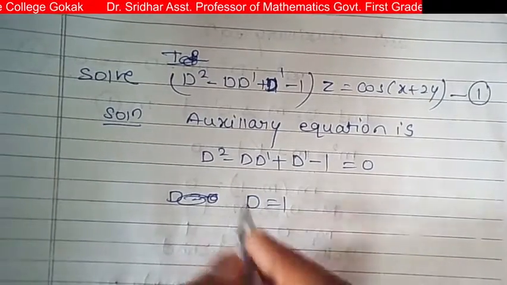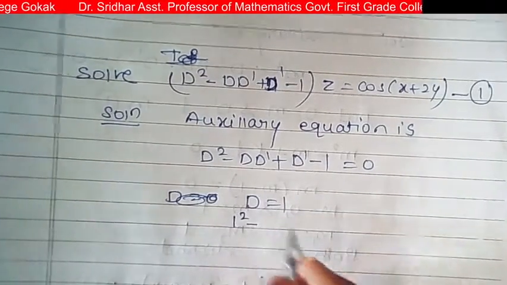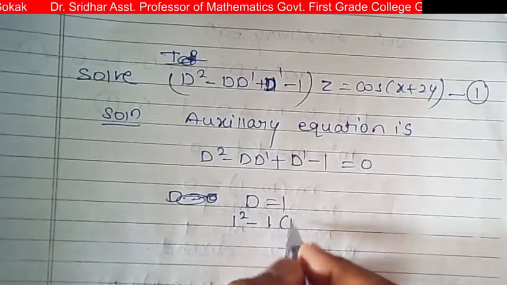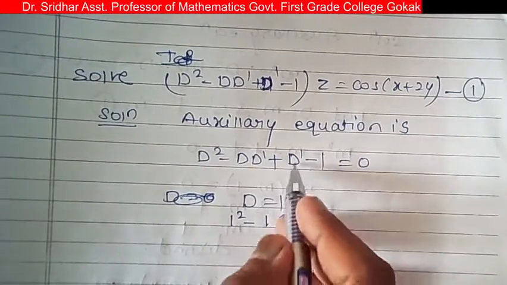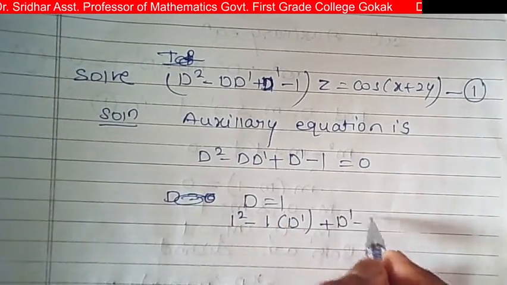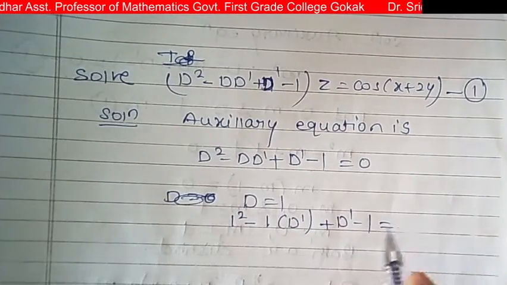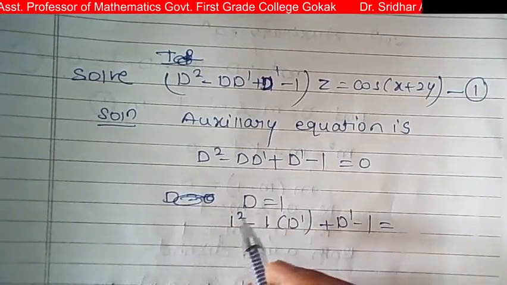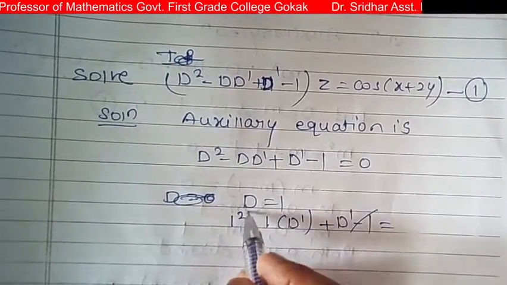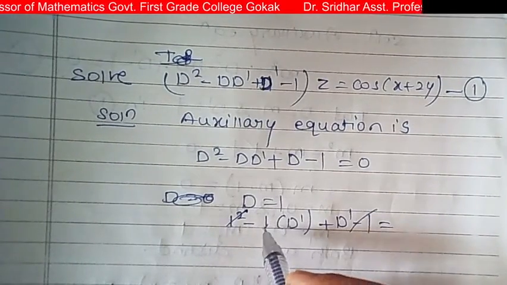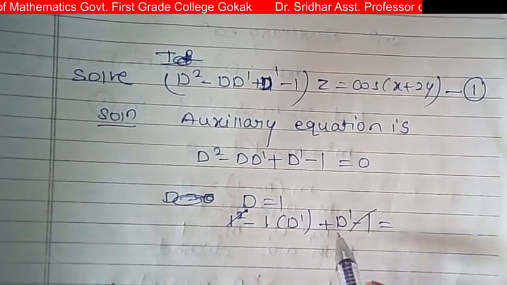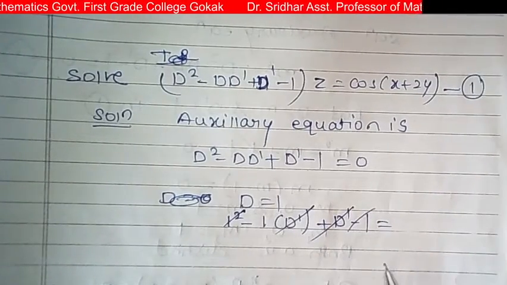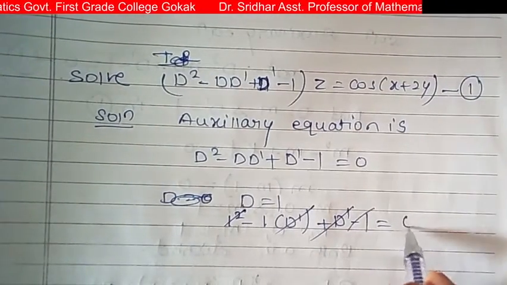So 1 square minus 1 into D dash, then plus D dash minus 1. Now see here, 1 square means 1, this plus 1 minus 1 get cancelled, then D dash into 1 is minus D dash, this plus D dash, so minus D dash plus D dash get cancelled and it is equal to 0.